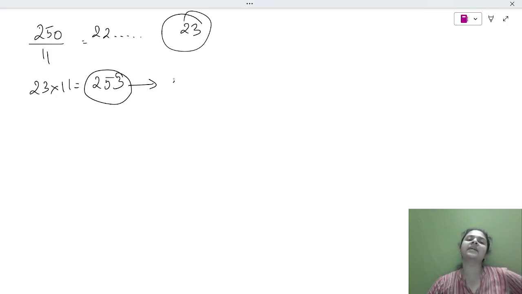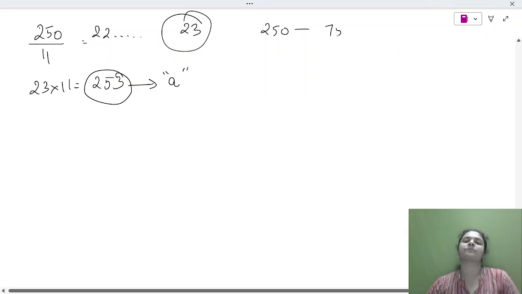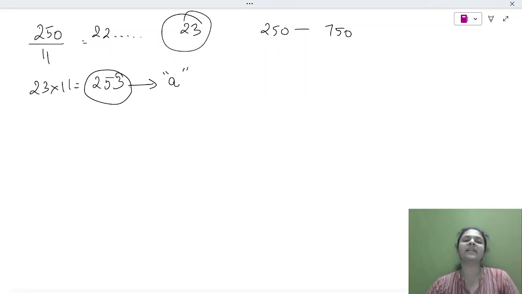Now this is the value of A, because in the series between 250 to 750, the first number that is divisible by 11 itself is 253. The next number will be 253 plus 11, which is 264.